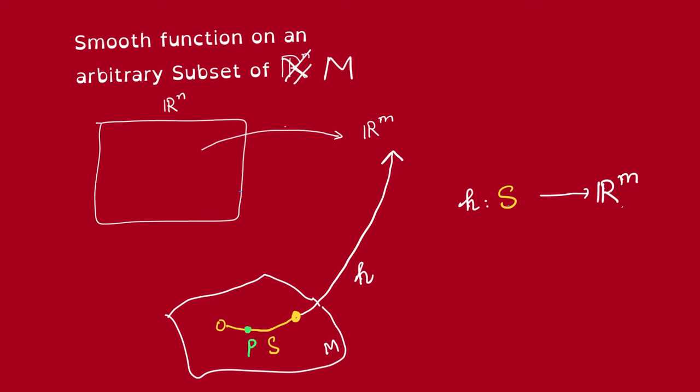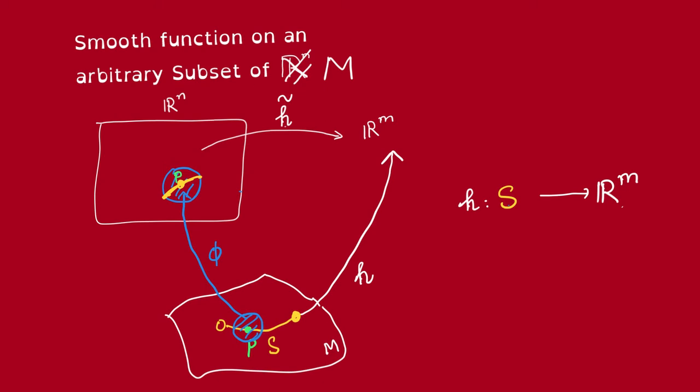Well, as usual, to be smooth at P is the same as to be smooth in a coordinate chart at P. Thus, we can combine this h with a chart at P, and define h to be smooth at P if the resulting function, h tilde, which is basically h in coordinates, is smooth. So we bring this back to the case of a smooth function on an arbitrary subset of Rn.